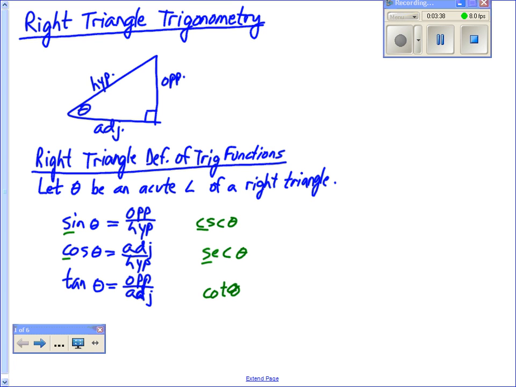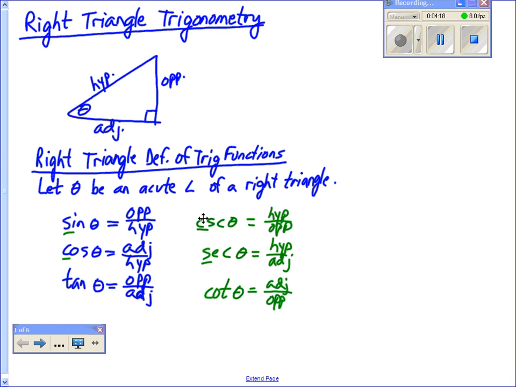And if the cosecant is 1 over the sine, that's going to flip those over. If the secant is 1 over the cosine, it flips those over. And finally, since the tangent is opposite over adjacent, the cotangent is adjacent over opposite.